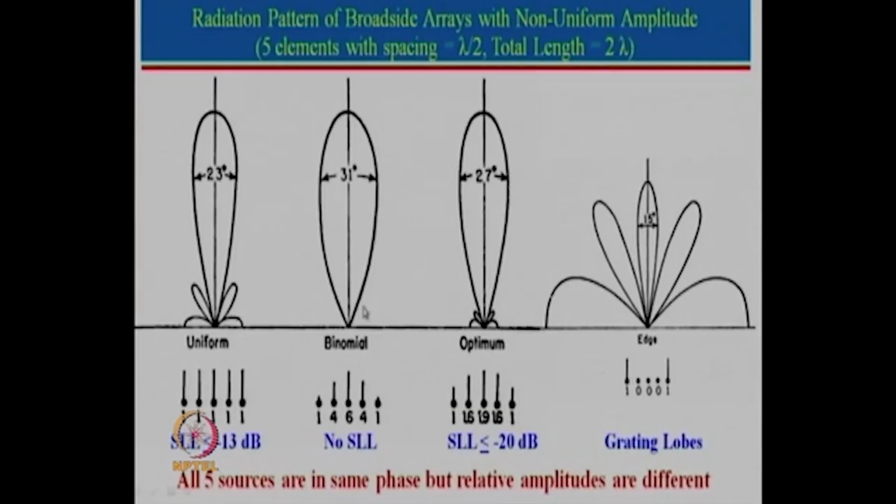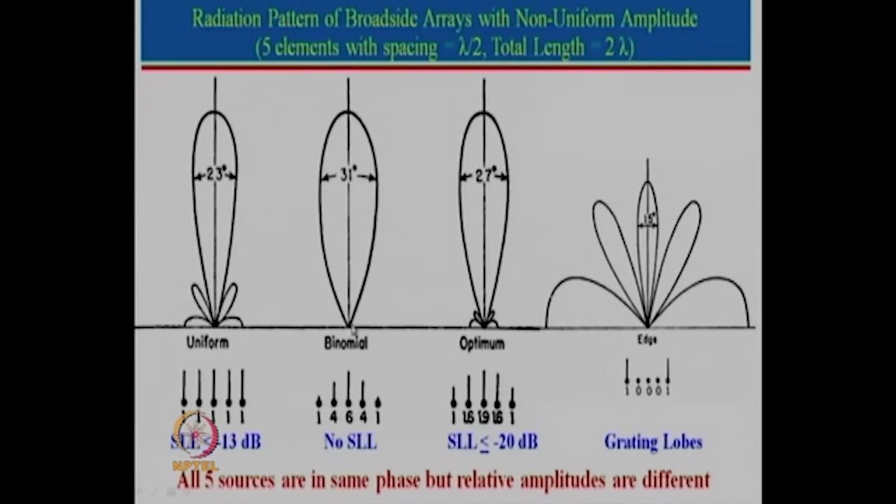If we use binomial distribution, which we will see in the next slide, let us just look at the distribution here, where we are feeding 1 4 6 4 1. That means the amplitude fed at the center is 6 times more than the end element, and in this case you see there is absolutely no side lobe level.